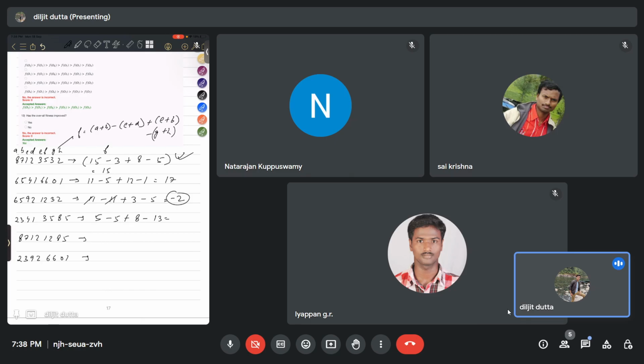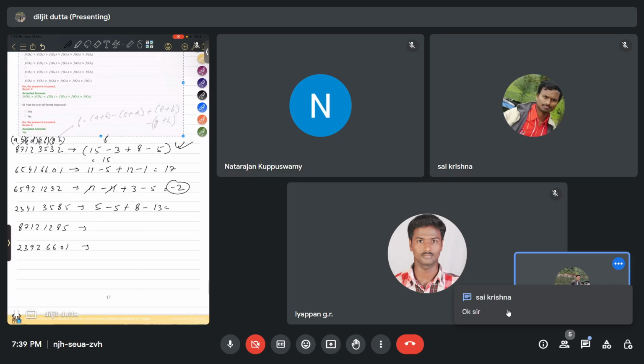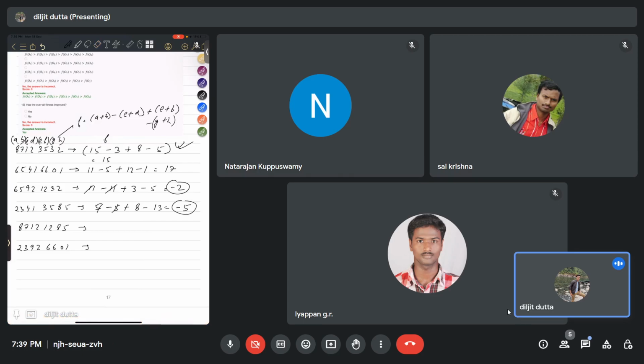These are the bits for the solution. It is just doing these calculations. 8 minus 13 is equal to minus 5. So here 8 plus 7 is 15 minus 3 plus 3.